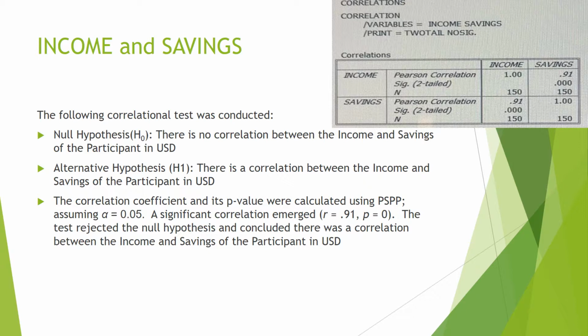And p-value is equal to 0, this is less than level of significance alpha 0.05. Hence the test rejected the null hypothesis and concluded that there was a correlation between the income and saving of the participants in US dollar. And this way of presentation follows the APA style of the result presentation.